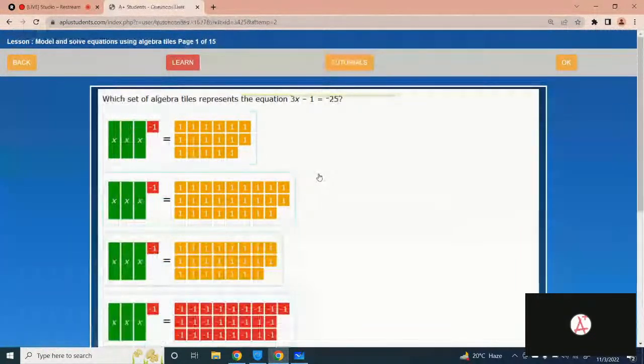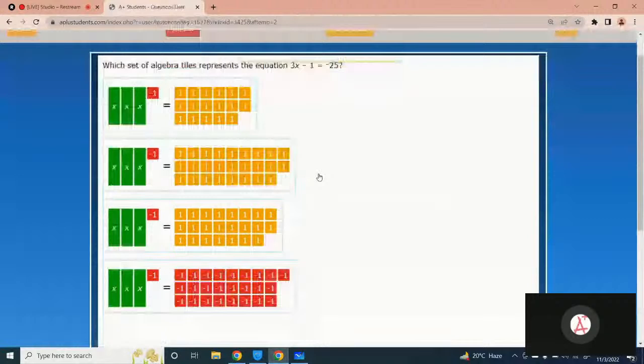Which set of algebra tiles represents 3x negative 1 equals negative 25? So which option is the correct one? 1 is negative and 25 is negative. That means 1 and 25 both can be represented by the red tiles.